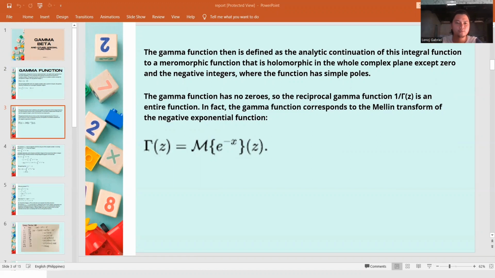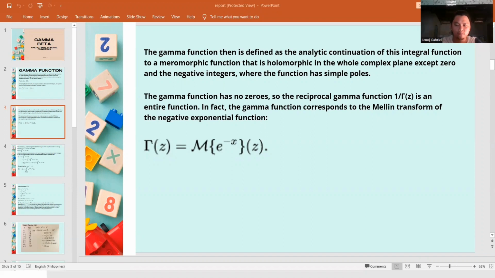So we are going to prove now that the gamma function has no zeros. 0 factorial is equal to gamma of 0 plus 1, equals the integral from 0 to infinity of x raised to n e raised to negative x dx.